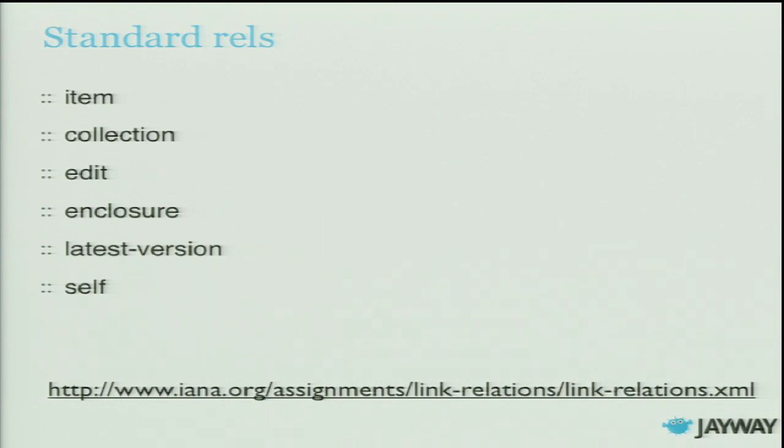There are many standardized rels, but most typically they are for things like blogs, document repositories, wikis, things like that. So there aren't many standard rels that you can use when you want to implement a specific service, like a web shop.